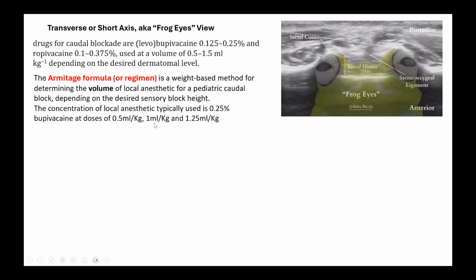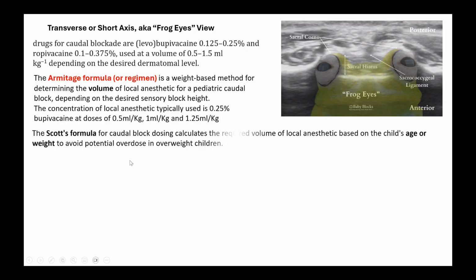For below umbilical procedures, you can give 1 ml, and for anything required above the umbilicus, you have to give 1.25 ml per kg. But when you use 1.25 ml, you reduce the concentration from 0.25% to 0.2% or even lesser. Then there is another formula, at least know the name, called the Schulte-Steinberg formula, which is based on the age and weight of the child, as well as to avoid overdosing obese children.